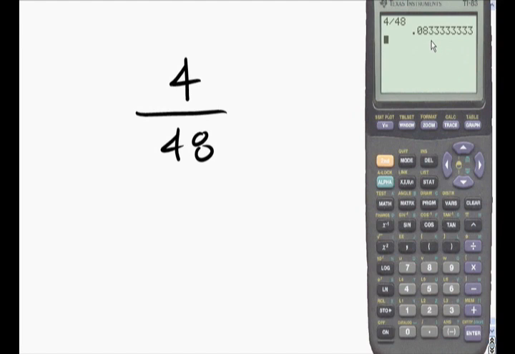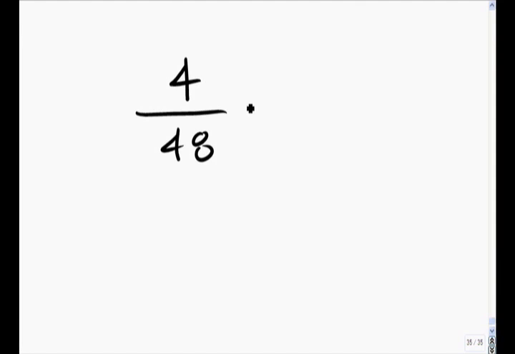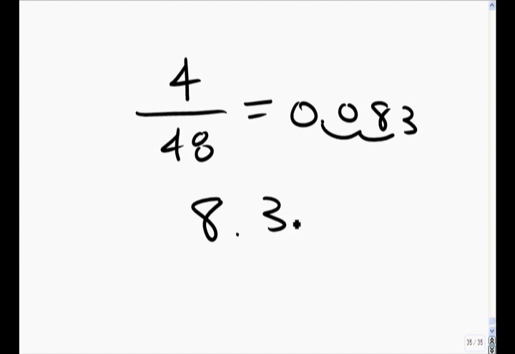The answer is 0.083. Multiplying this number by 100 moves the decimal to the right 2 spaces. 8.3% of the class has exactly 3 children.